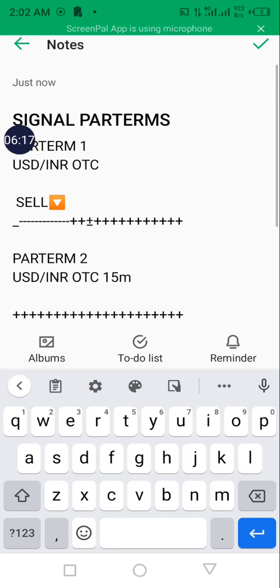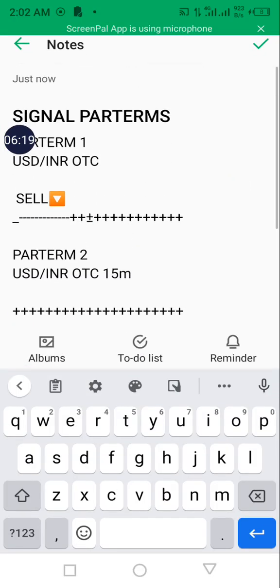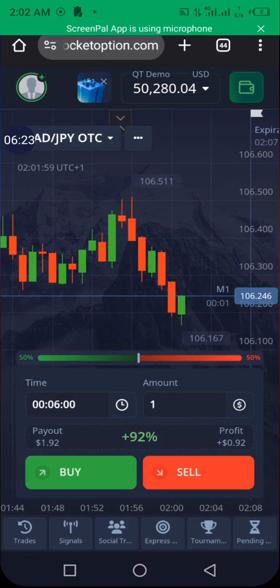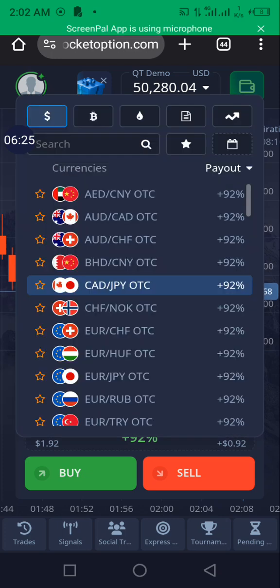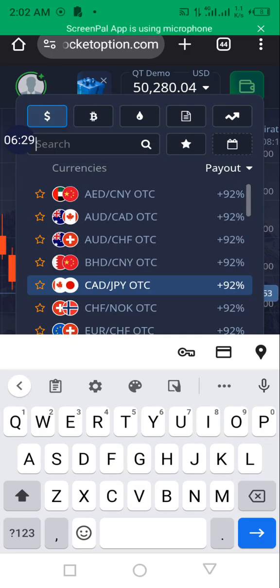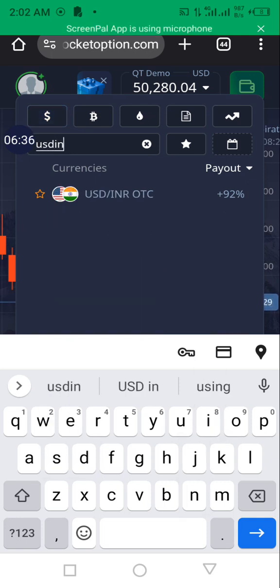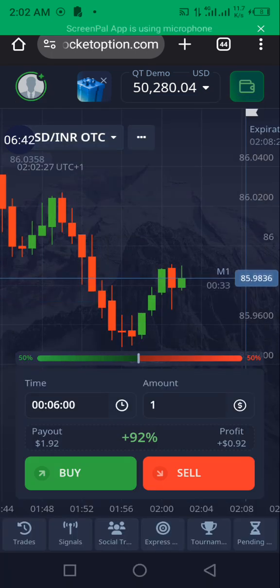USD/INR OTC. You simply come here and select that pair. Click on where you have search, type the pair USD INR. You can see it has appeared. You select it.